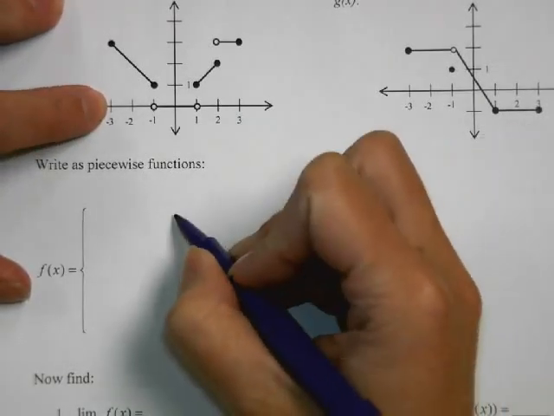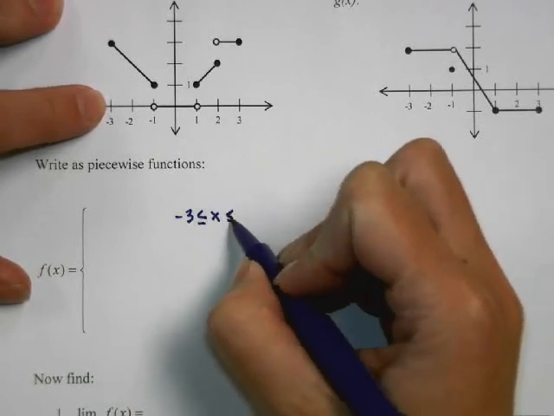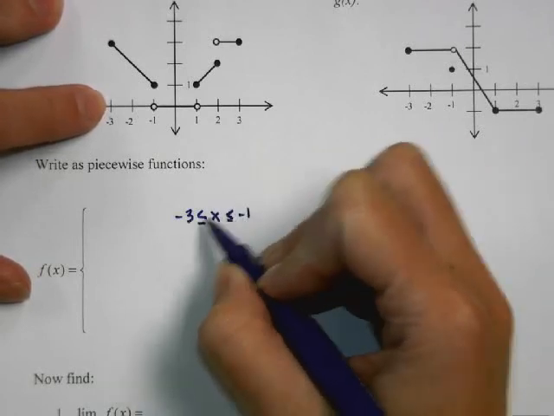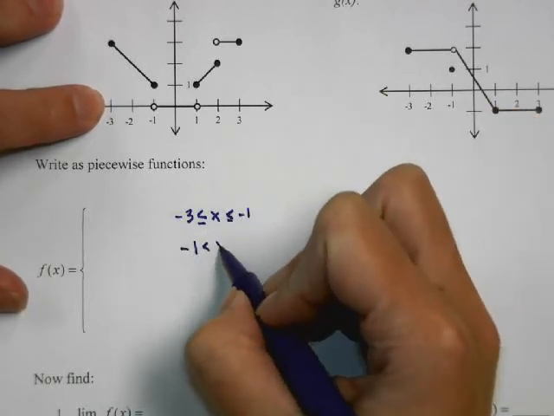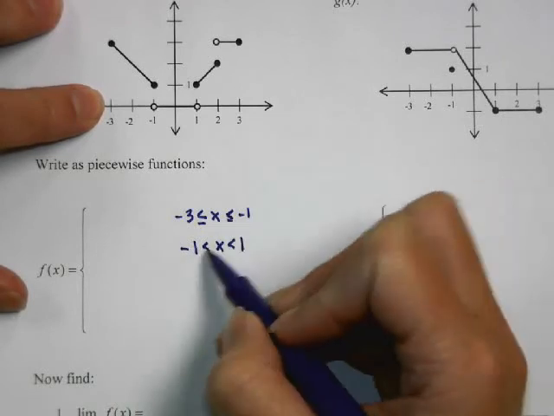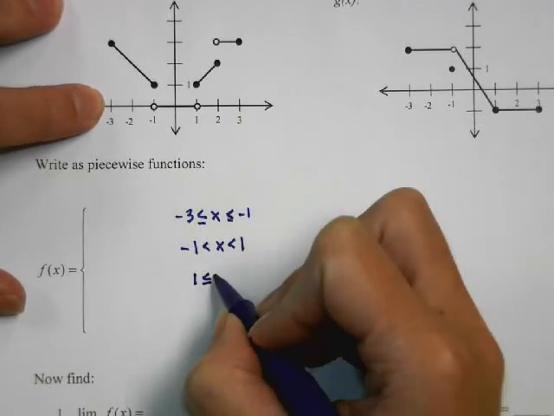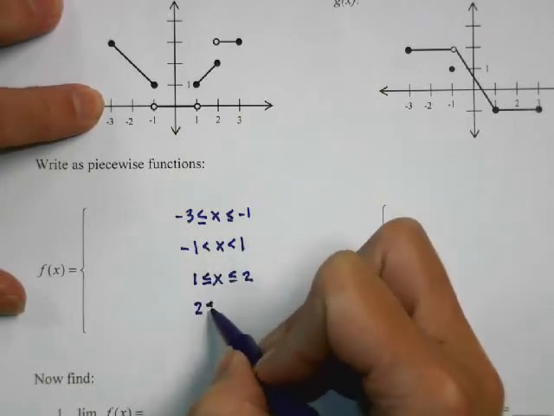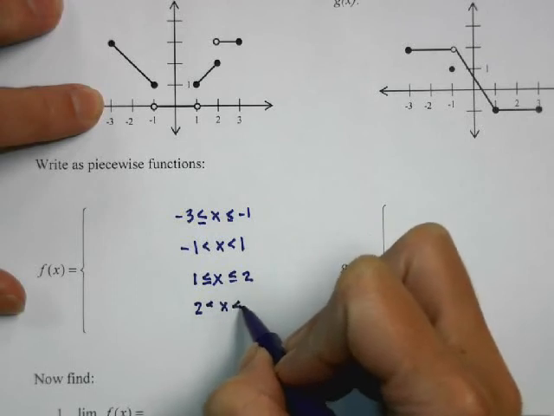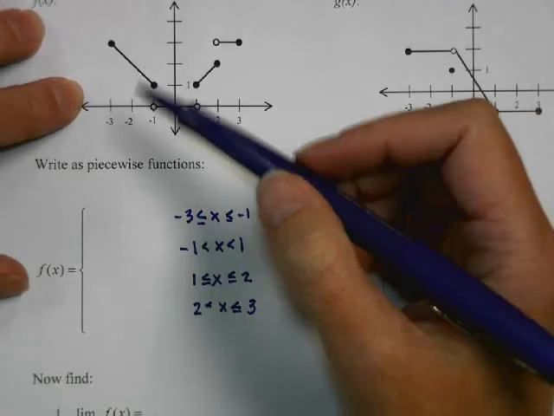So this first one goes from -3 to -1, and I include both of those because they're closed dots. The next one goes from -1 to 1, non-inclusive because they're open dots. 1 to 2, and finally 2 to 3.